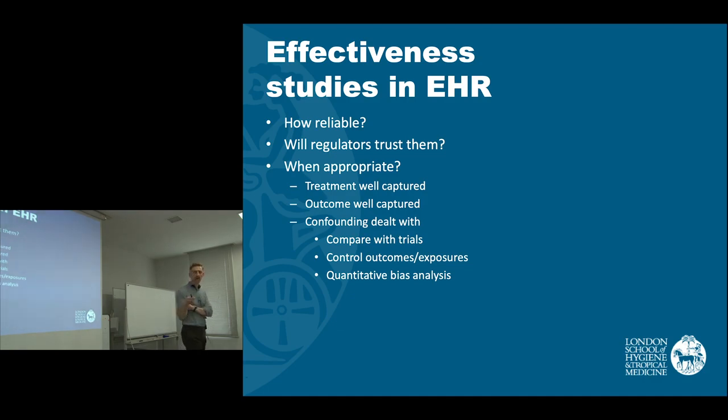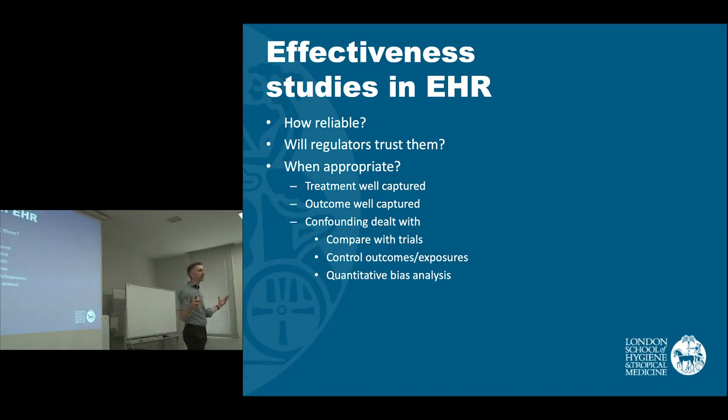And then the last thing we can do is something called quantitative bias analysis, where we take our results that we generate within the observational data and we ask a question of, if there was a confounder that we were missing, or a series of confounders that we miss, how strong would they need to be to explain away the result that we have?